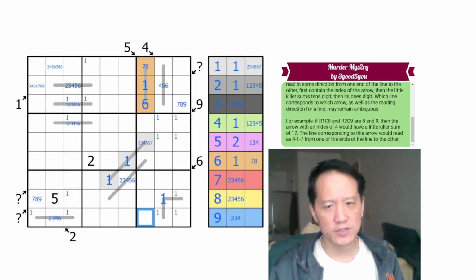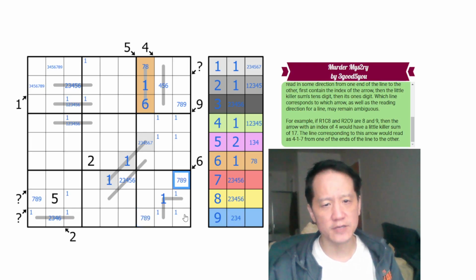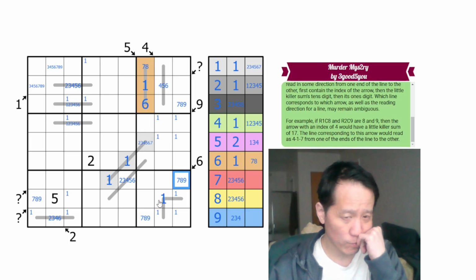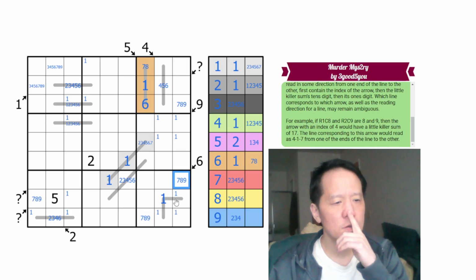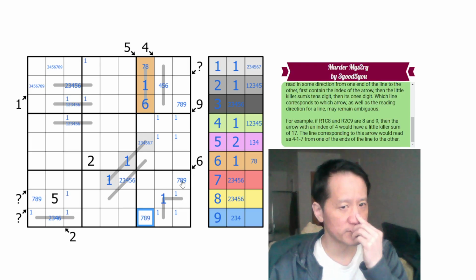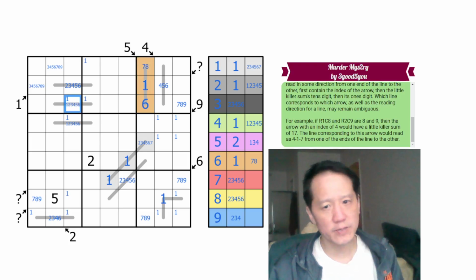So then this is 7, 8, 9, and 7, 8, 9, right? If it's 17, this has to be 7 and 9. So then this would be 9, and this would be 7. If it's 18, so this can't be 6 here.